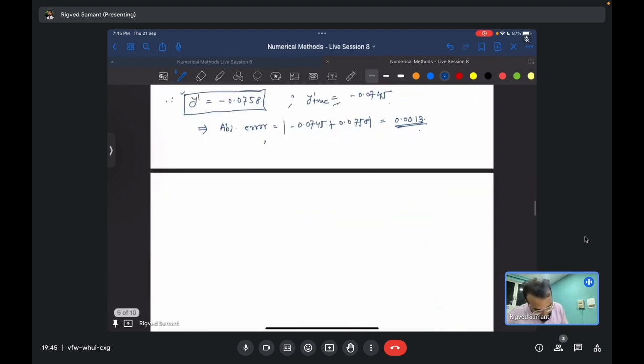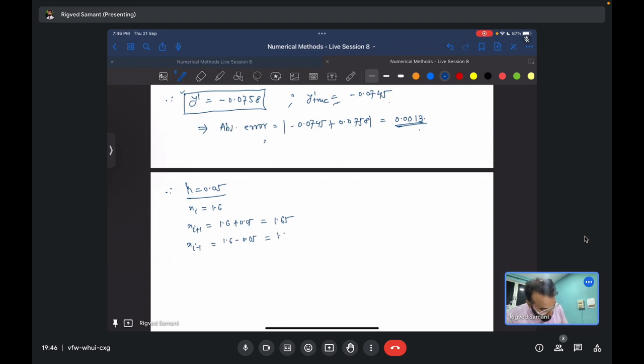So now I'll go for h is equal to 0.05. Okay, h is equal to 0.05 means xi is equal to 1.6, xi plus 1 is equal to 1.6 plus 0.05, that is 1.65. xi minus 1 is equal to 1.6 minus 0.05, that is 1.55.